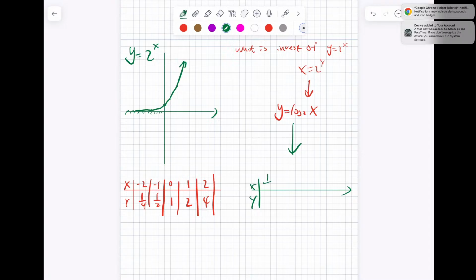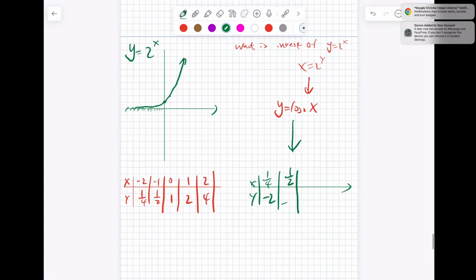What happens when x is equal to 1/4? Remember log base 2 of 1/4? 2 to which power is 1/4? -2, yeah. What about 1/2? 2 to which power is 1/2? -1.